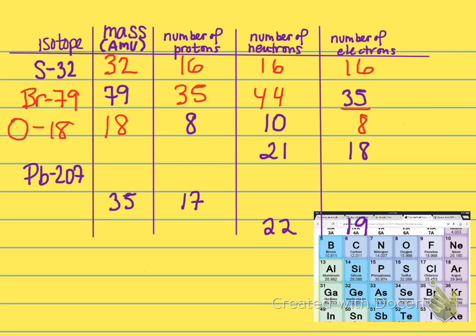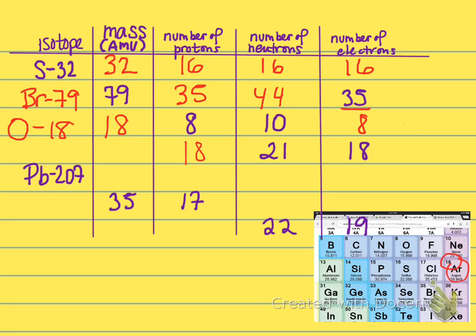Okay, the next one is the first one where you've been given a number of neutrons and a number of electrons. So again, we can deduce the number of protons because we are talking about neutral atoms here. So the number of protons must equal the number of electrons. That gives us 18 protons, and we can go looking for what is it that has an atomic number of 18.